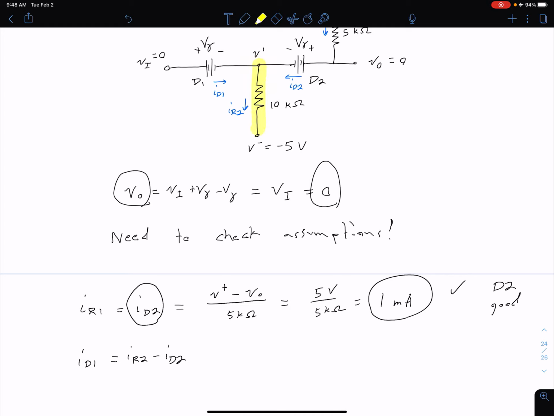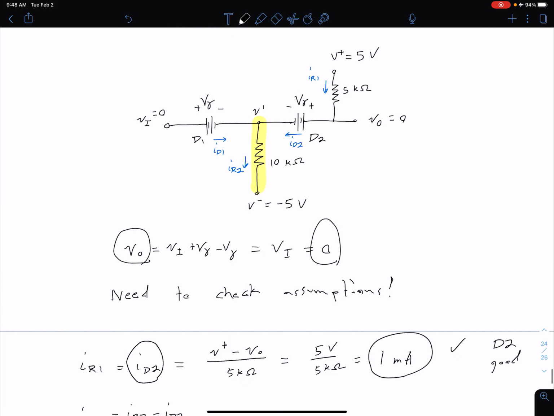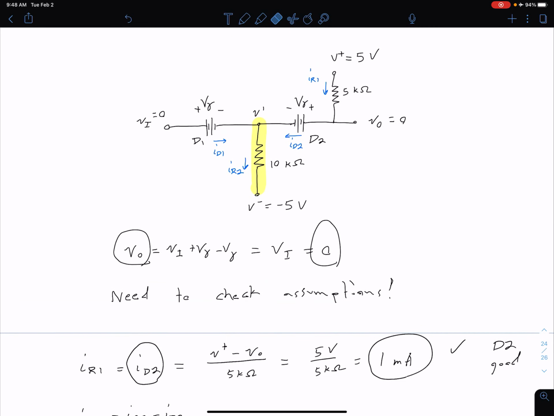So we know the voltage between the two. So let's come back down here. We can say for IR2, this is equal to V prime minus V minus divided by the resistance of 10 k ohms. Now in this case our V prime is going to be negative 0.7, because as we start here, and you can think about this from either side, the left at VI or the right at V out, we start at 0 and then we drop 0.7 and we're at V prime.